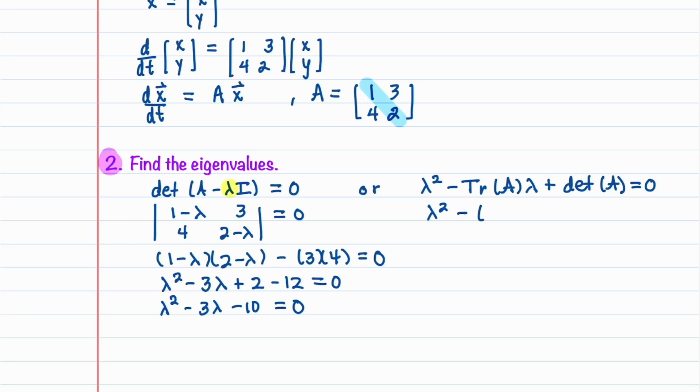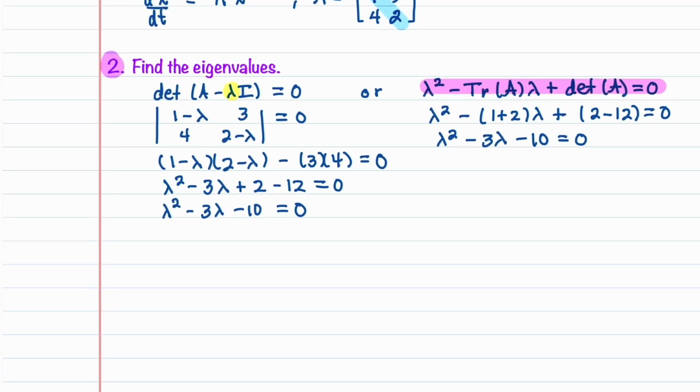So this is going to be 1 plus 2 times lambda, and then we have the determinant of A, which is going to be the main diagonal elements multiplied, so that's 2 minus 3 times 4 gives us a minus 12. And that's 0. So we get the same equation: lambda squared minus 3 lambda minus 10 is equal to 0. I think this is easier, but the hard part is you have to remember this equation right here.